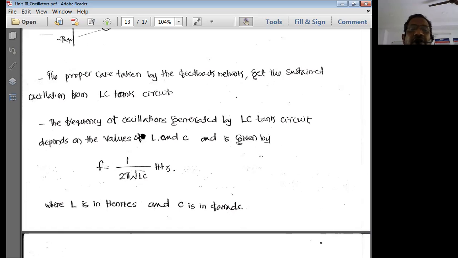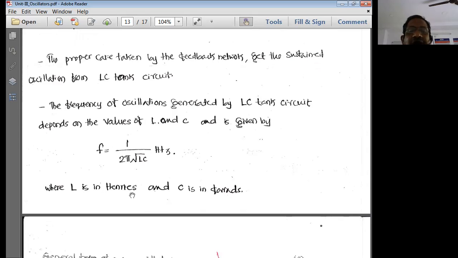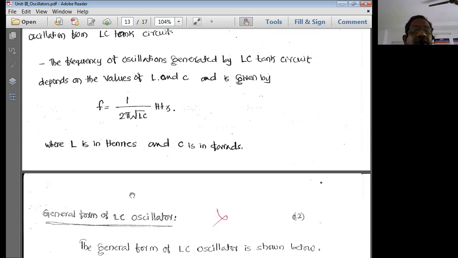This is the formula that you have to remember compulsorily for all the LC circuits. Whatever the type of LC circuit, it has to satisfy this particular formula. This you should remember to start with. Inductor units are Henrys, capacitor units are Farads.